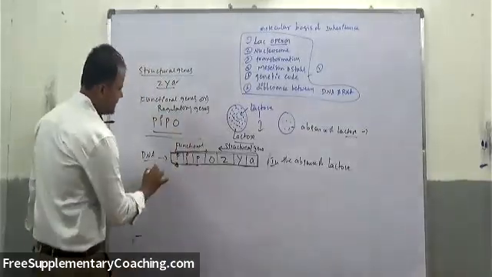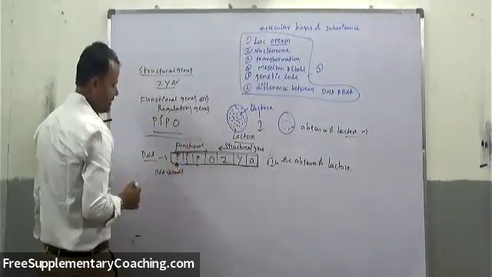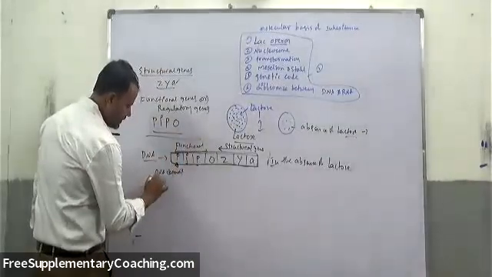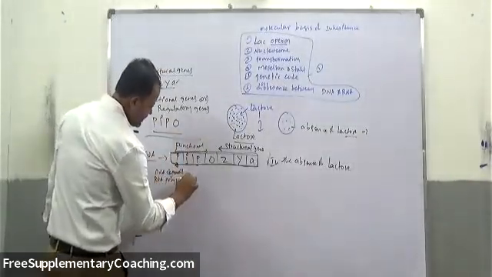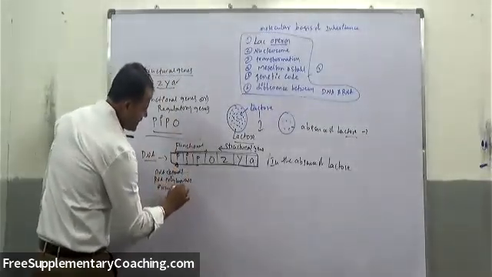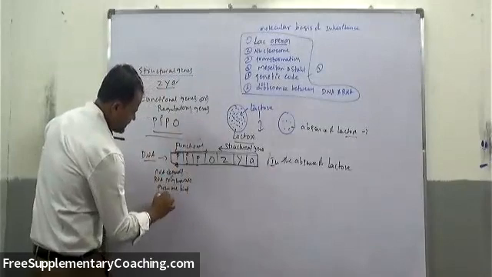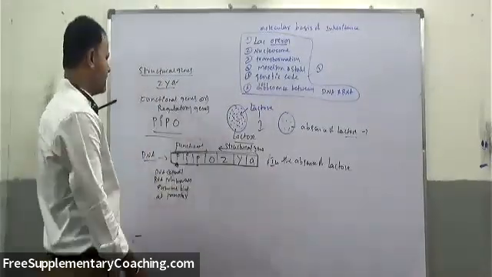The DNA-dependent RNA polymerase enzyme binds at the promoter region.